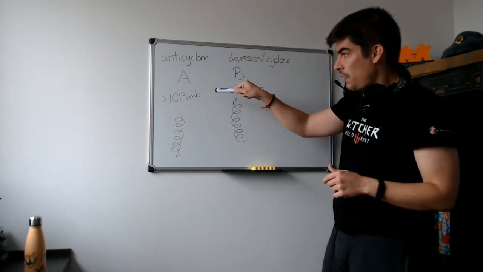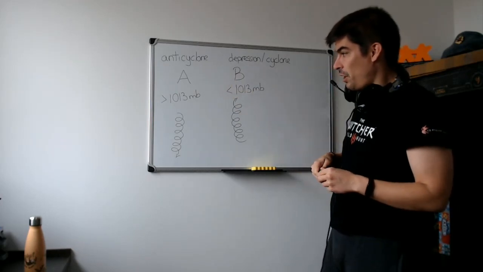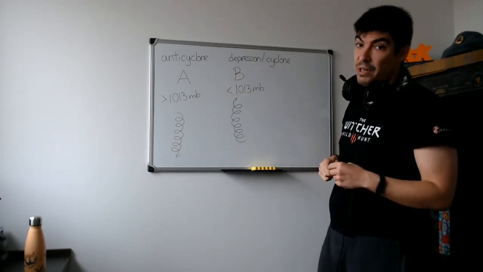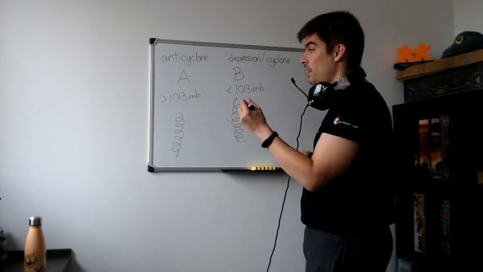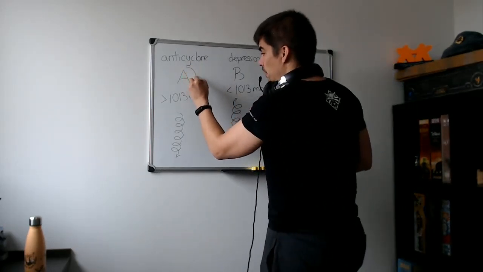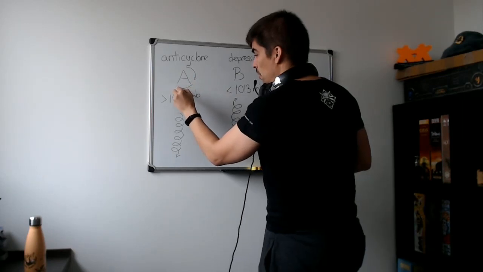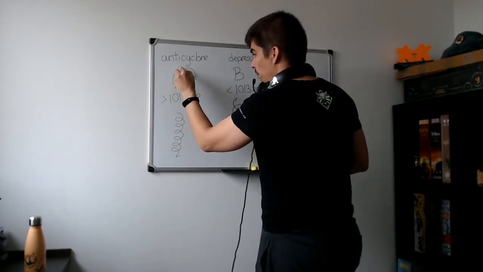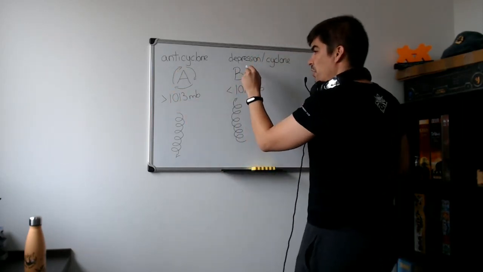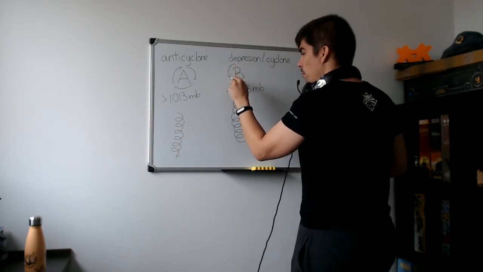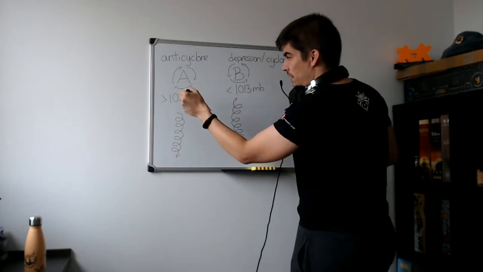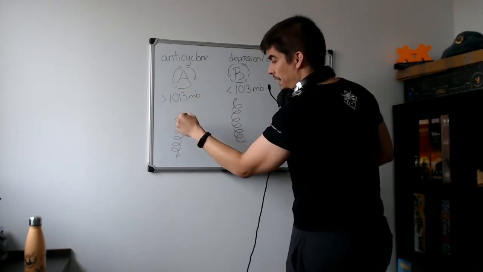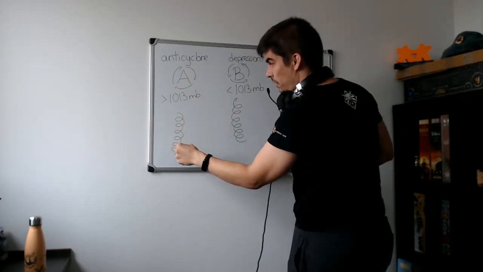And they spin around this anticyclone and depression, but in a specific direction, in the northern hemisphere, in our hemisphere. In the anticyclone, the air moves clockwise. In the depressions, the air moves anti-clockwise. As you can see, like this, and it also goes down in an anticyclone.